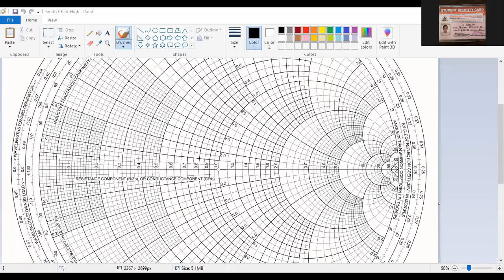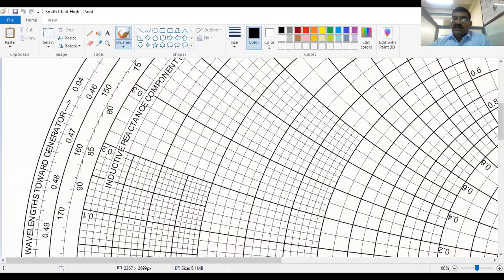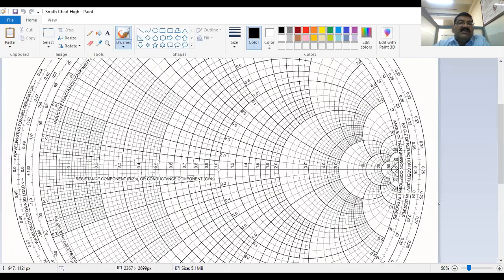Okay. Now, what is there in this Smith chart? Here you can see this horizontal line. First check the horizontal line. On the horizontal line, there are some numbers. You can see the center.